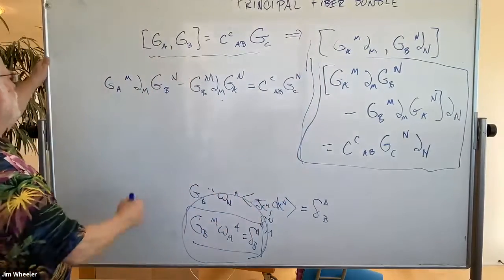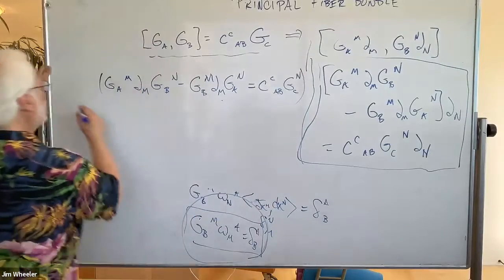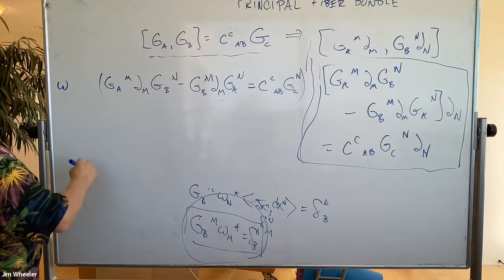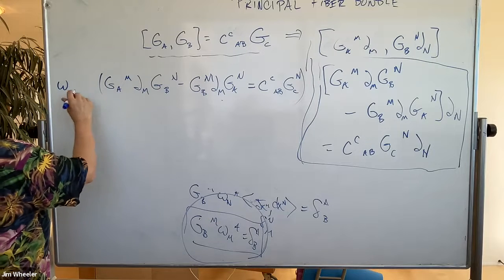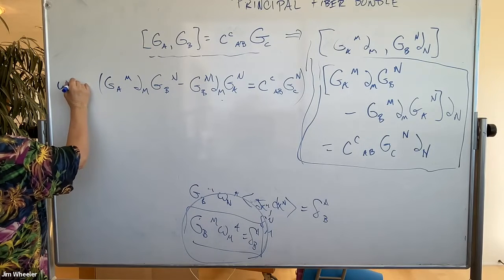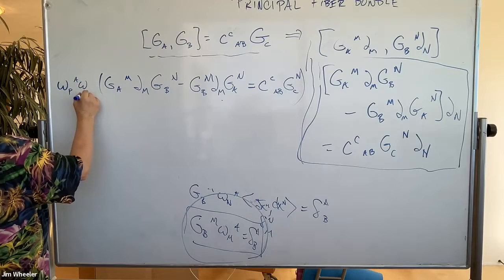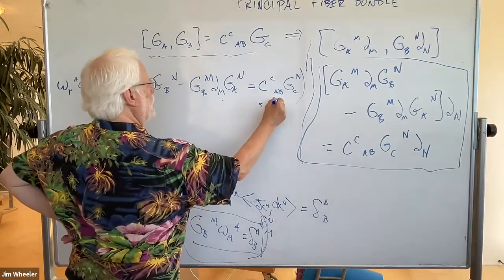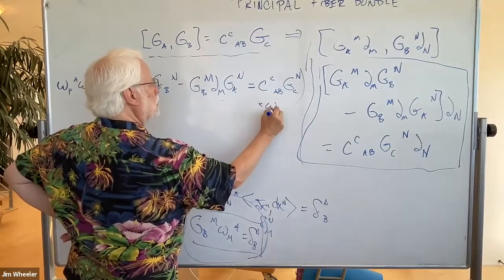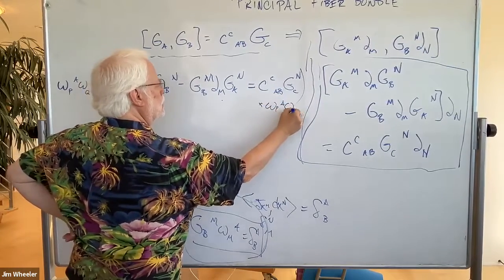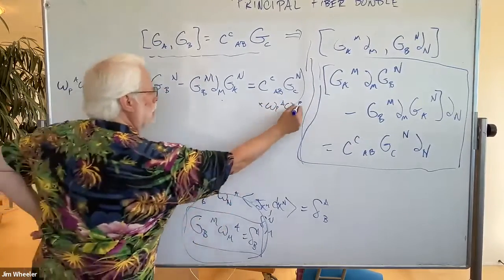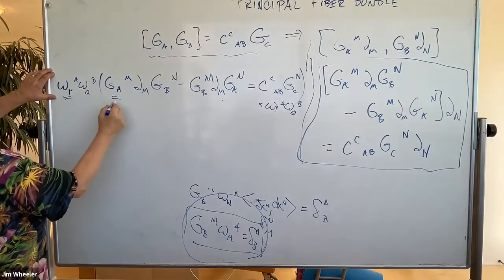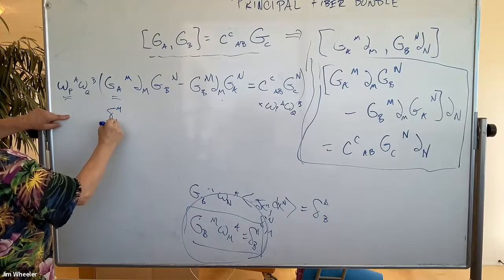Okay, so now if I put omega, let's see what indices can I use here? All right, let's use omega_P^A omega_Q^B. So I'm going to put that on both sides. And now this one with that one gives a delta^M_P.